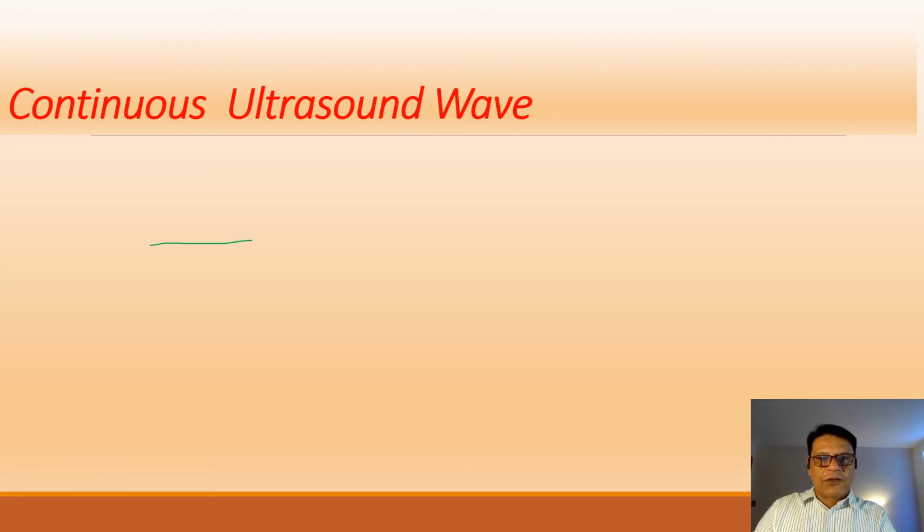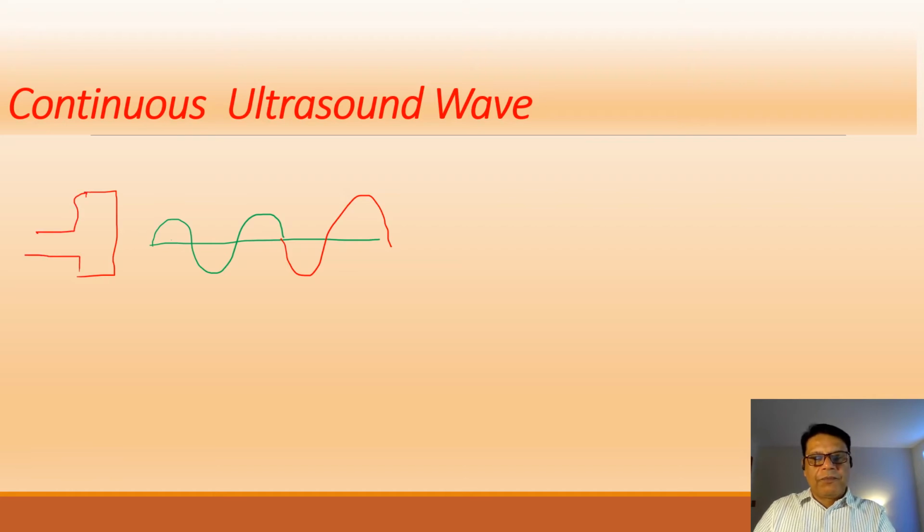Pulse wave transducers are those that produce ultrasound waves in the form of pulses. Pulses of 2 or 3. When a transducer produces a pulse, then it becomes silent. It does not produce any pulse until and unless it receives the echo of this pulse.